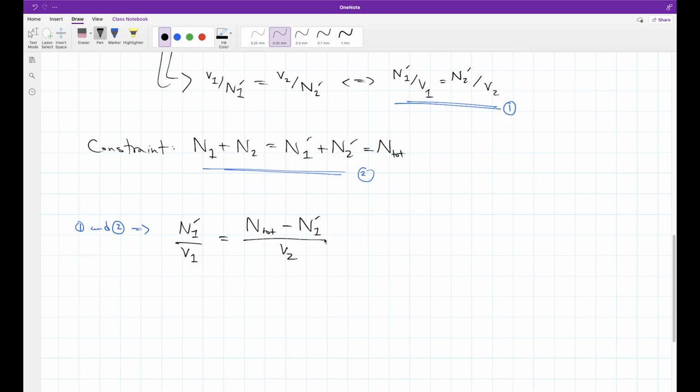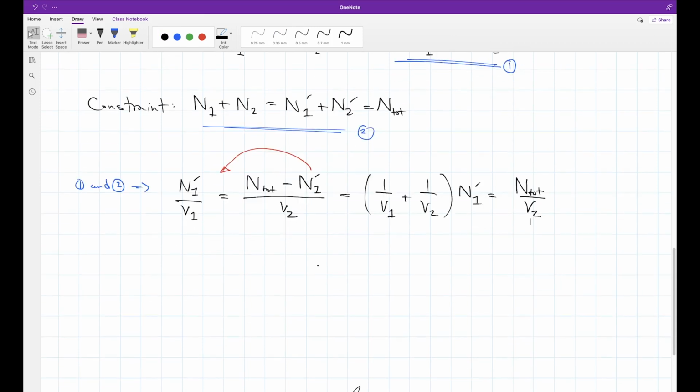Now I can move this N1 prime to the other side, and that would give me 1 over V1 plus 1 over V2 times N1 prime is equal to N total over V2.